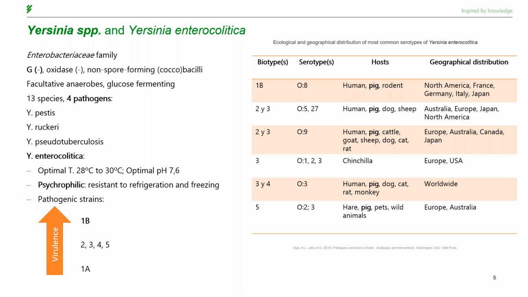So in these main pathogenic strains, 1B is the most virulent biotype, followed by 2 to 5 with an intermediate virulence, if you will, and biotype 1A, which is the least virulent and mostly considered non-pathogenic, although some strains of this biotype have been related to patients with gastroenteritis. So therefore, this could mean that they would act as opportunistic pathogens.